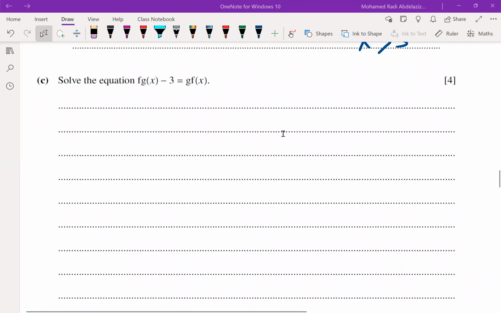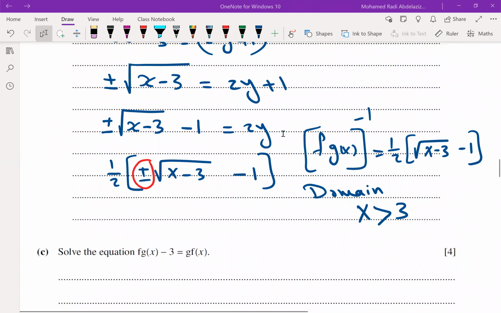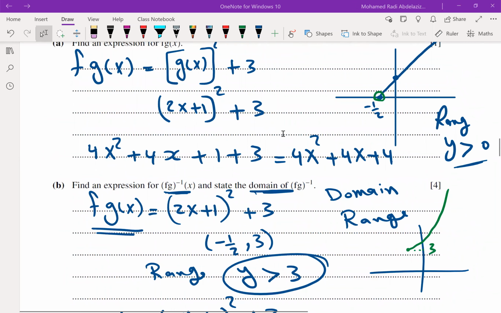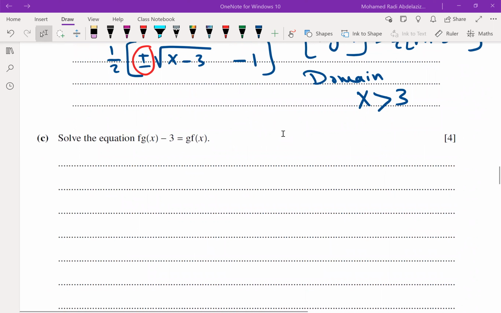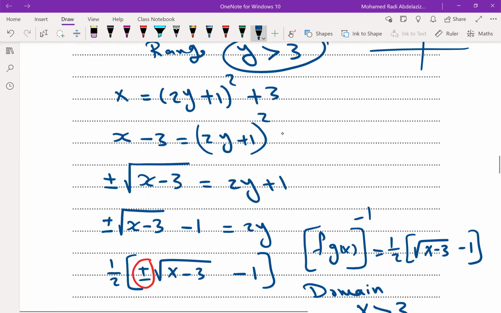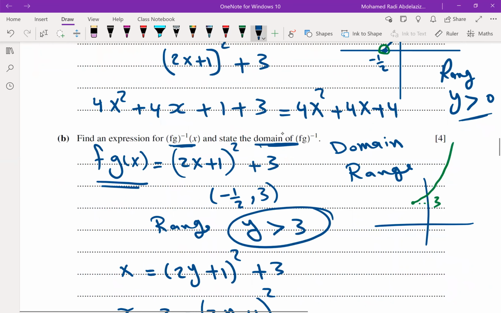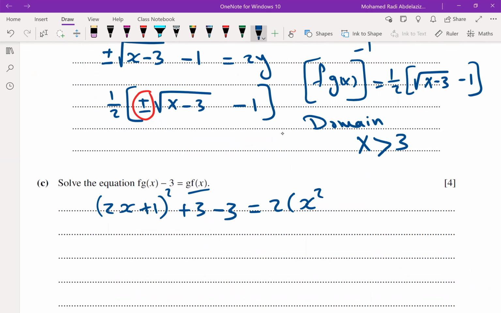Part C, solve the equation fg(x) minus 3 is equal to gf(x). We already have fg(x). We'll write it: (2x plus 1) squared plus 3, minus 3, is equal to gf(x). We can find gf(x). Substitute f and g: 2 times (x squared plus 3) plus 1.